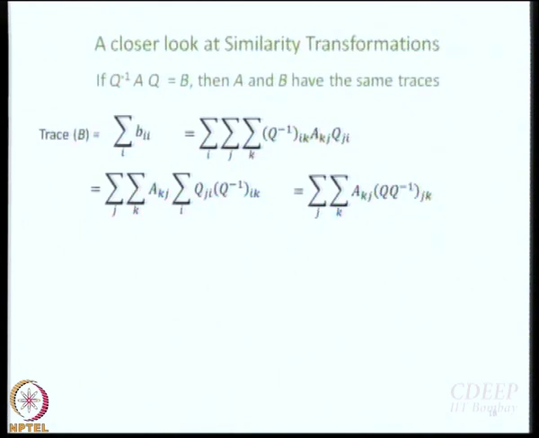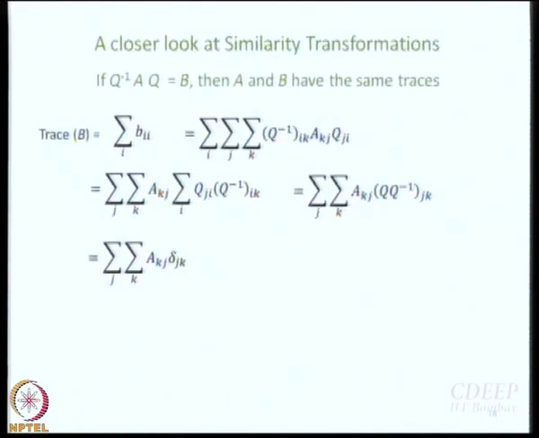And what is Q inverse? E. Q inverse is E. So now in E, what happens when J equal to K, that element is 1, and when J is not equal to K, the element is 0. So I can write our favorite Kronecker delta, delta JK.